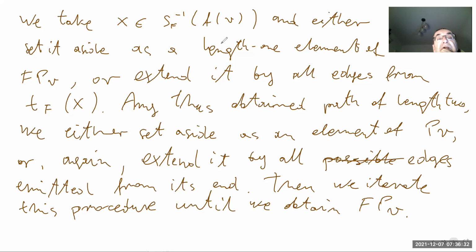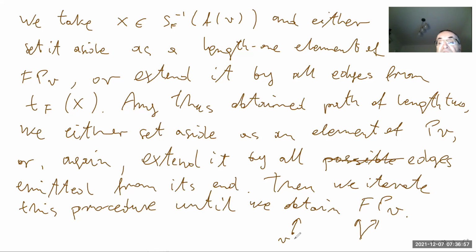So if you want to have some homomorphism between Leavitt path algebras, you cannot have a situation in which you have a regular vertex which emits one edge, and you map it to a regular vertex which emits 2 edges. No, this wouldn't work, because you must take all these edges emitted from F of V.